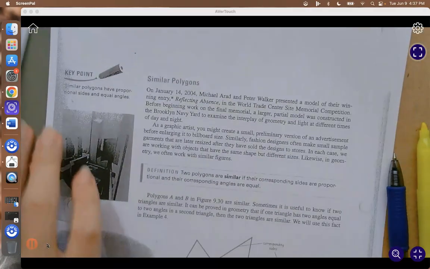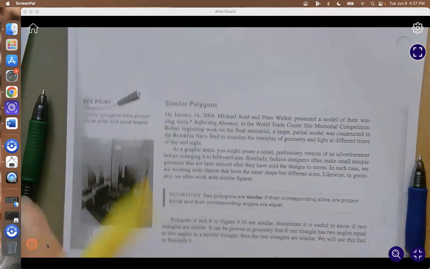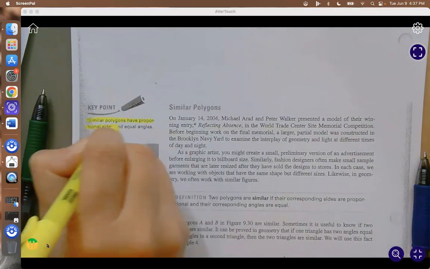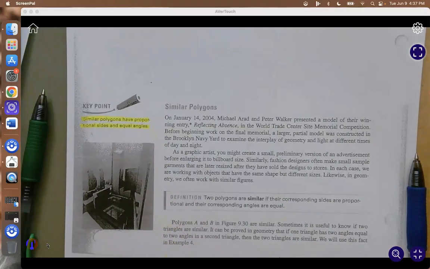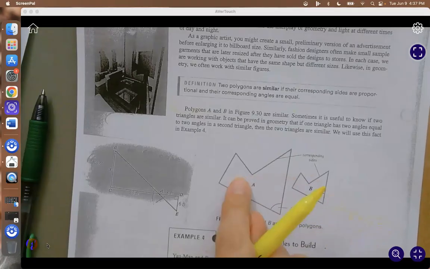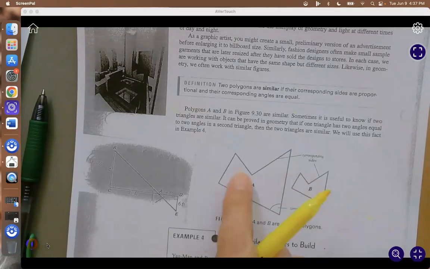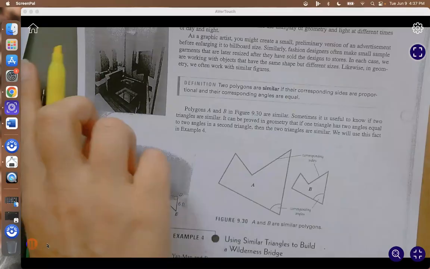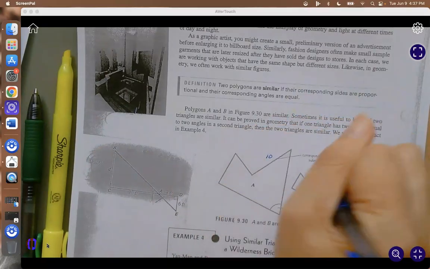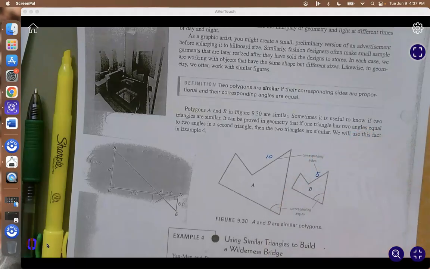Similar polygons. Similar polygons have proportional sides, and this is important. Proportional sides and equal angles. So if I have two things that are in proportion, like one's bigger than the other, but they're proportional, and let's say that this is 10 and this is 5.